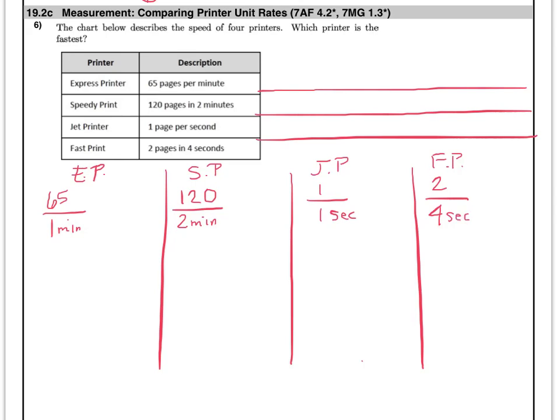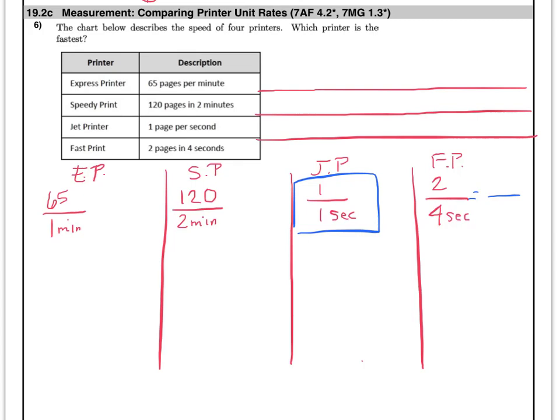Okay, so I need to compare these guys, but in order to compare them, they have to have common denominators. Now, just making them all 1 is not going to work. They have to all be seconds, or they have to all be minutes. So I'm going to take everything to seconds. So I'm going to start with the easy guy. This guy's done. He's already 1 page per second. So let's get this guy.